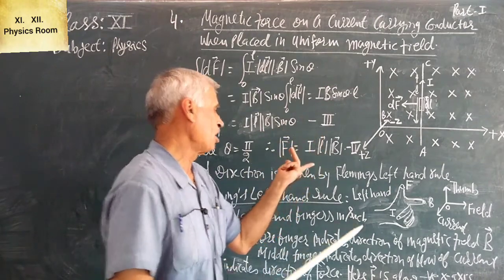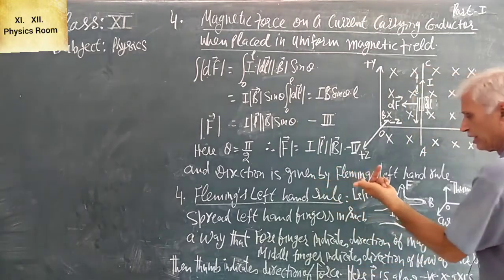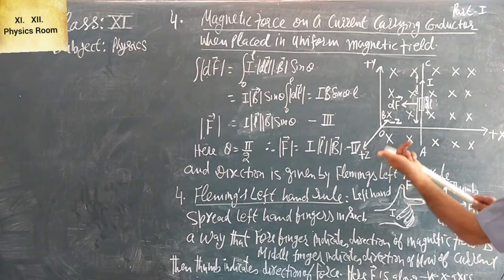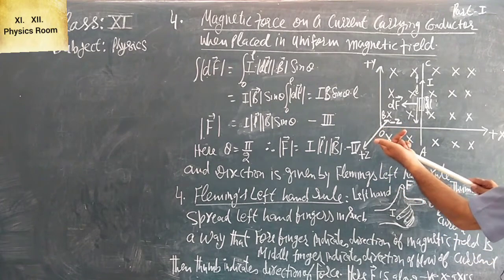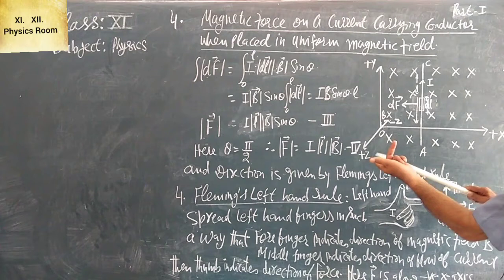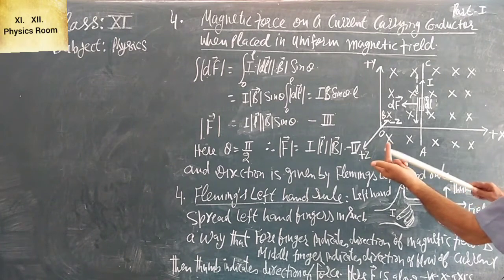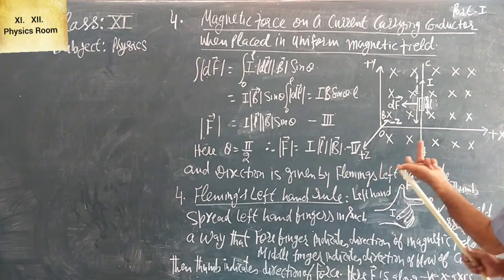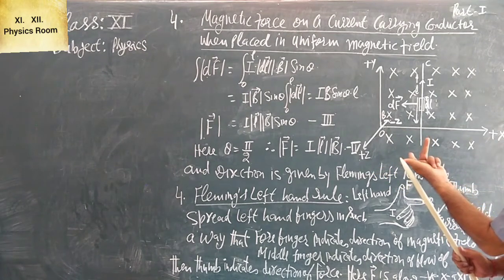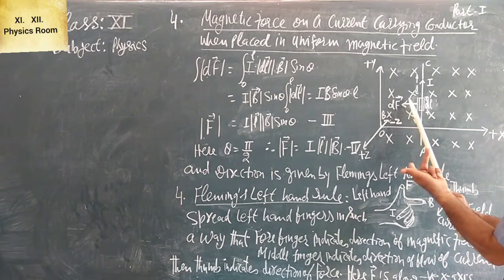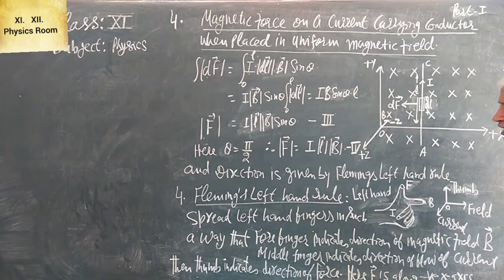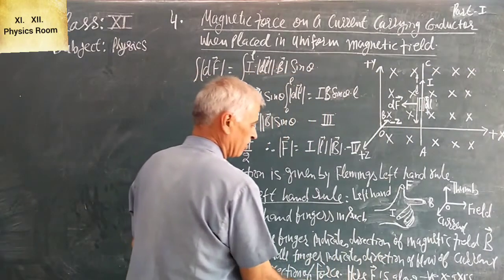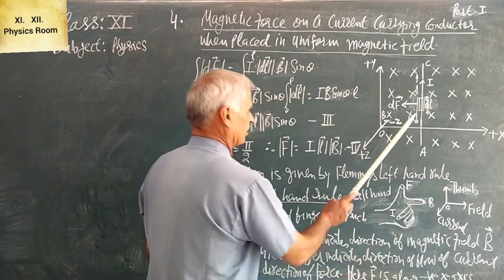The middle finger indicates the direction of current flow along the positive y-axis. Then the thumb indicates the direction of force. The thumb indicates the direction of force, which is along the negative x-axis. So here the force is along the negative x-axis according to this situation.